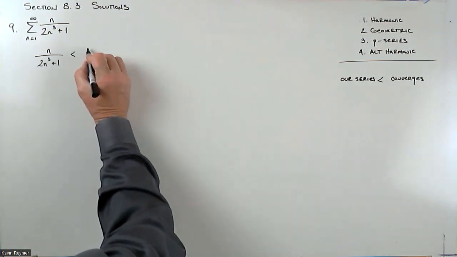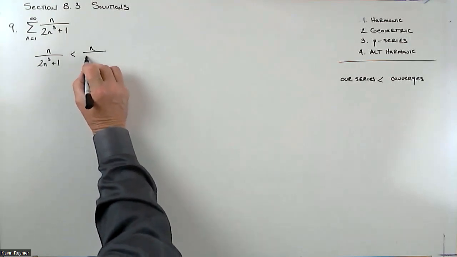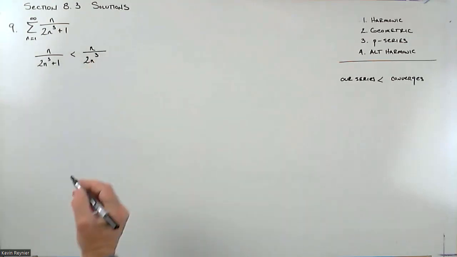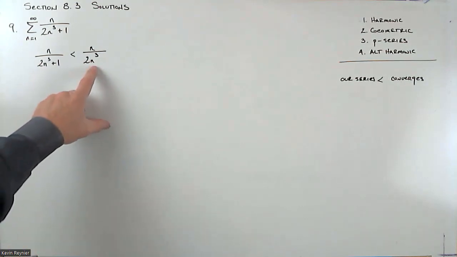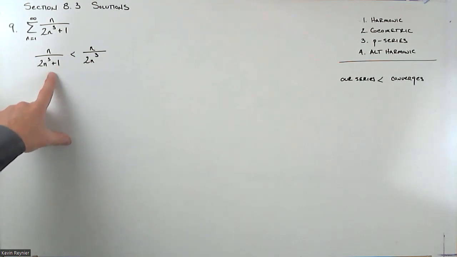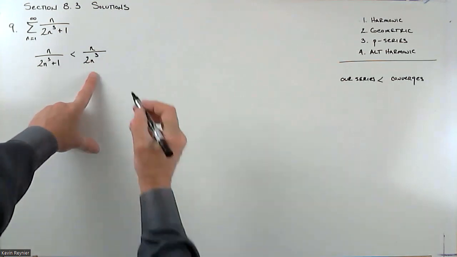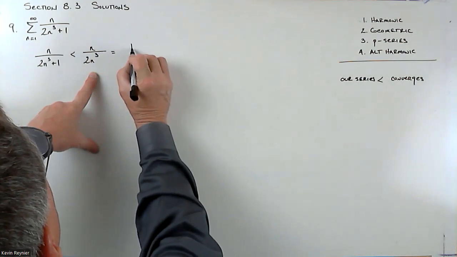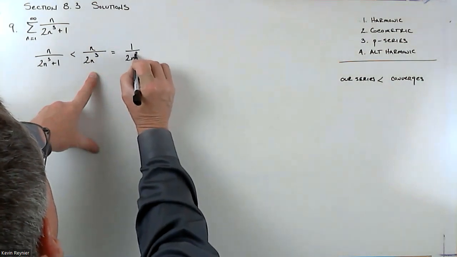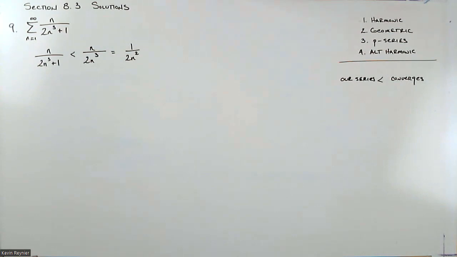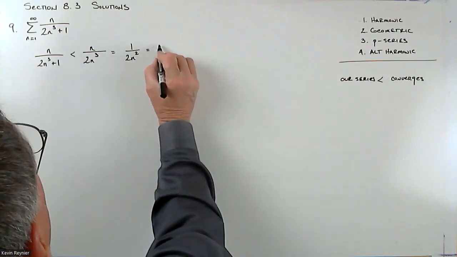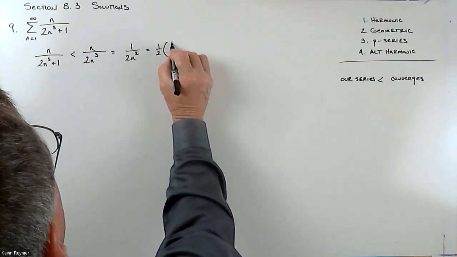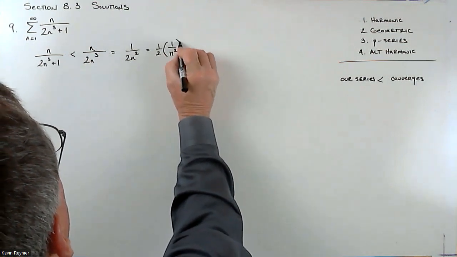So if we were to not make the denominator bigger, we'll get rid of the 1. We know that this is bigger than this because when the denominator increases in a fraction, the fraction becomes smaller. But this is equal to, just doing our math, 1/2 times 1 over n squared.